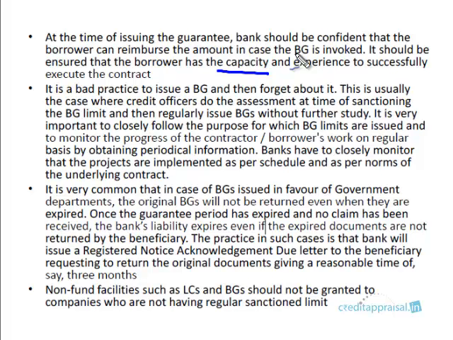So we have to be satisfied about the capacity of a borrower to execute this contract. That's why usually we give BG limits or LC limits to existing parties who have some fund-based limits or prior dealings with us, and you have to be satisfied about the capacity of this borrower to execute the contract successfully.